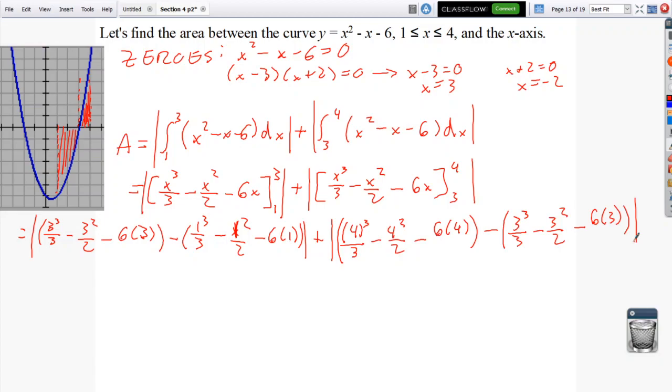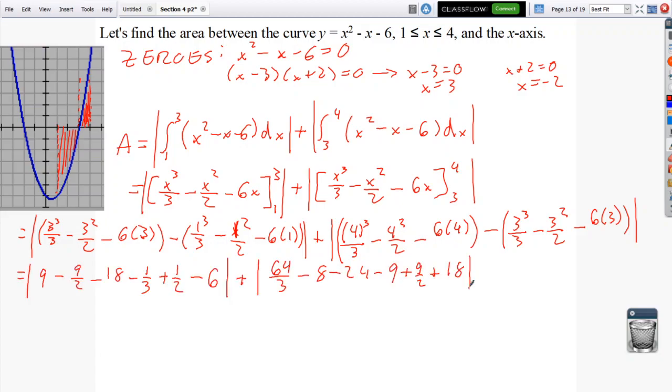Alright, so all I've done there was plug in my upper and plug in my lower. Again, we have a quantity over here stuck together and a quantity over here stuck together, and we have to evaluate them individually. I'm going to pause here while I evaluate all of my arithmetic. So again, I was just doing arithmetic there. 3 cubed divided by 3 is 9. 3 squared over 2 is 9 halves. 3 times 6 is 18, sorry.